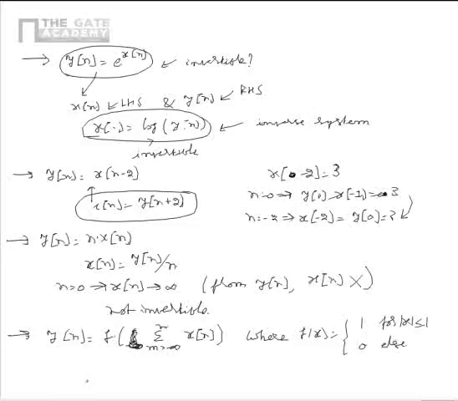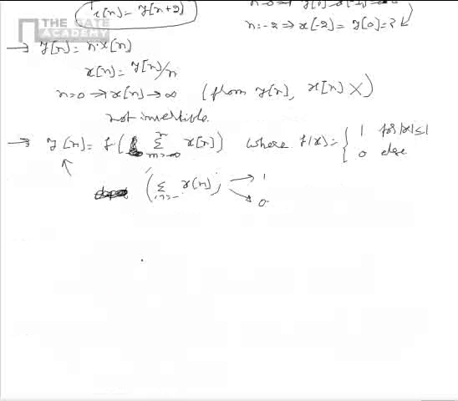From this, we can see that y of n actually takes the sum of x, which is sigma m equal to minus infinity to n of x. Based on the obtained summation, it gives the values as either 1 or 0. Now, from this 1 or 0, we can't get x of n back. From this, we see that the given system is not invertible.